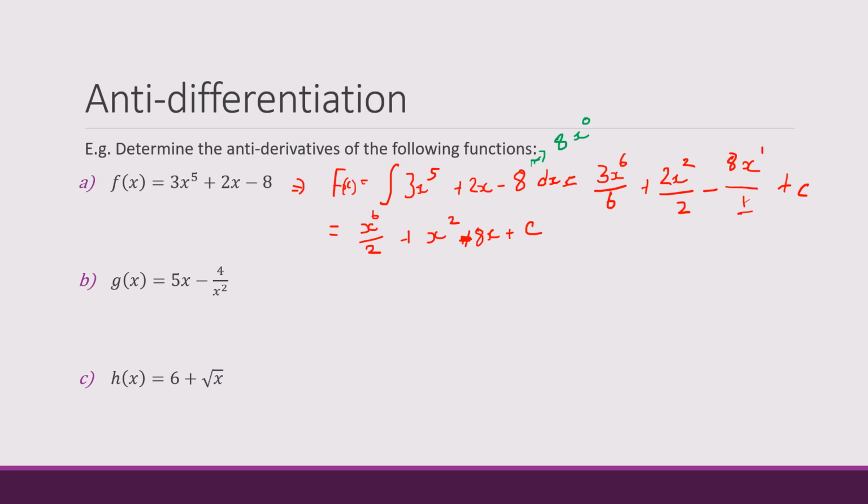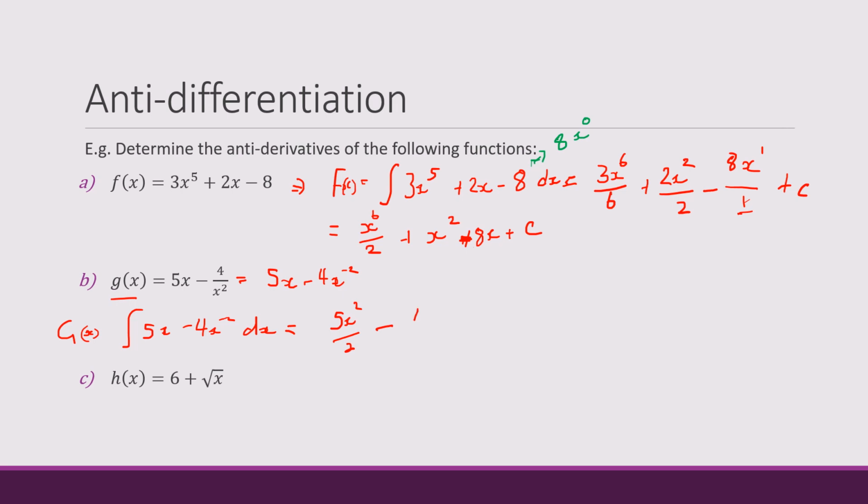That's shown there. All right, let's go with b. This one has x squared in the denominator, so we're just going to rewrite that as 5x minus 4x to the negative 2, and our integral is going to work out exactly the same way. This time we're determining capital G of x, because our function was g. So that's the integral of 5x minus 4x to the negative 2 dx. That'll become 5x squared over 2.